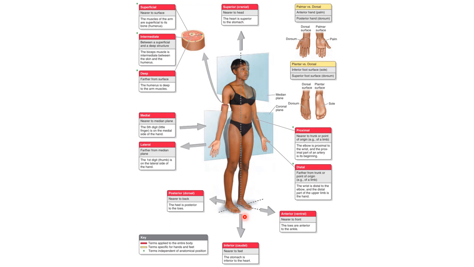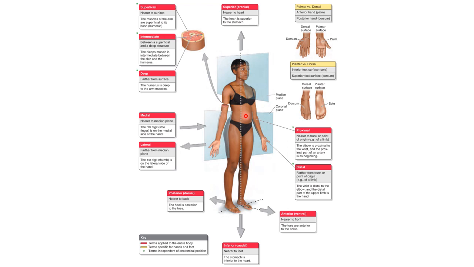So let's use those terms, superior and inferior. The umbilicus or belly button is inferior to the breast. On the other way around, the breast is superior to the umbilicus.